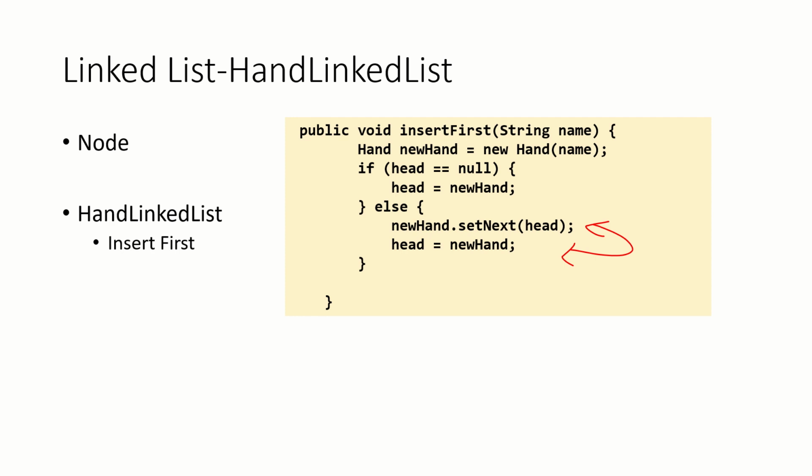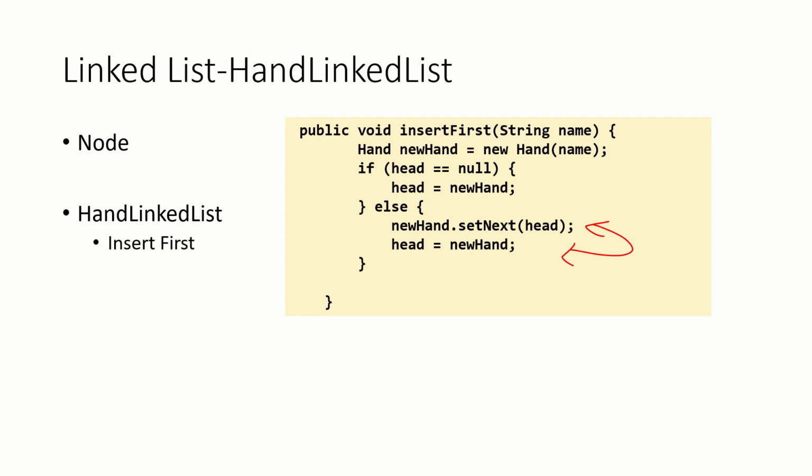I change the order. So first line will be say head is equal to new hand. What does that mean? We move head to this one, right? So right now, the head is new one.